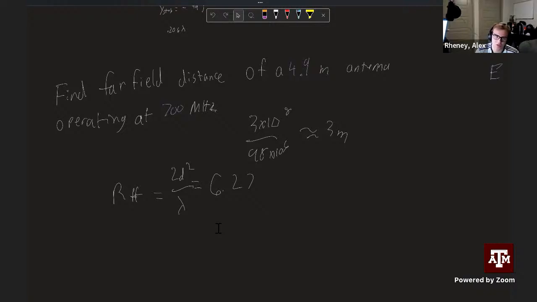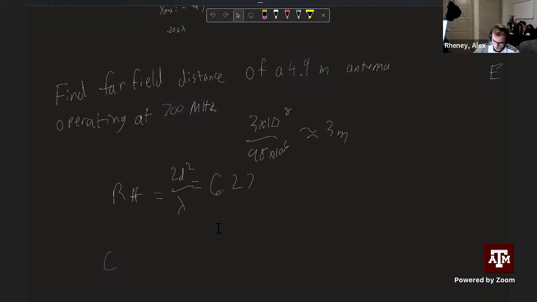So first you have to find lambda, which is c over frequency, which is 3 times 10 to the 8 over 700 megahertz. So 3 times 10 to the 8 over 700 times 10 to the 6th. That'll give you 0.428571. And then since it's 2 times distance squared over lambda, you just plug in the distance.